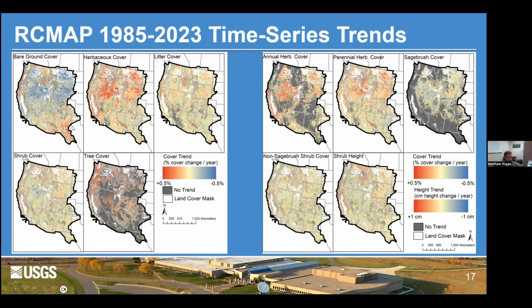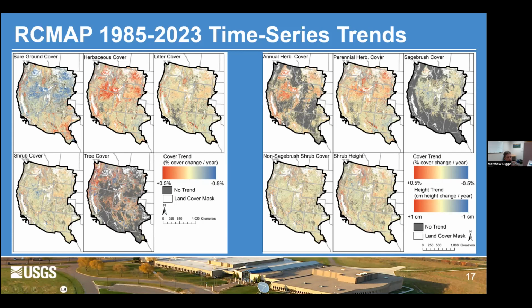Some of the big things we see is decreasing bare ground over a lot of the north, especially into Montana and Wyoming, and you can see those same areas show up as increasing herbaceous cover. But unfortunately, a lot of that increase in herbaceous cover is coming from annuals. So to say that this is good news is maybe a bit of a stretch.